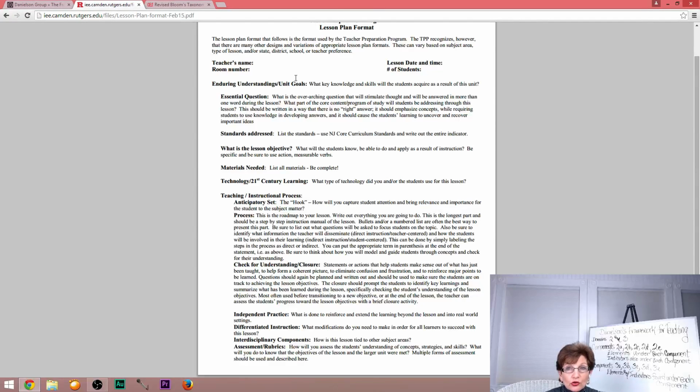So teachers create a unit plan, and within that unit plan there are sub-chunks of the content which we call the individual lessons, okay? The lessons have essential questions. What is the overarching question that will stimulate thought and will be answered in more than one word during the lesson?